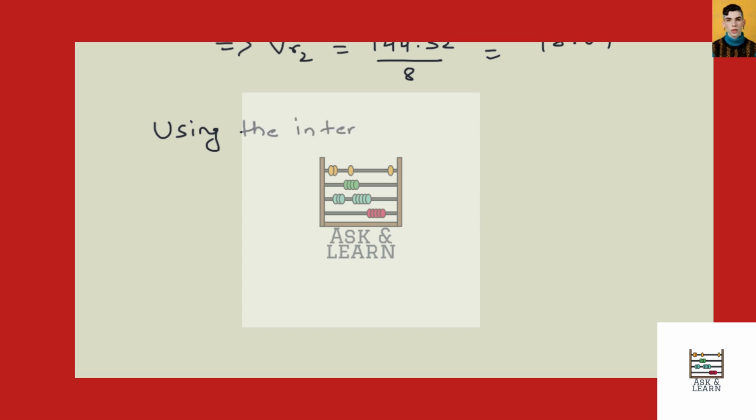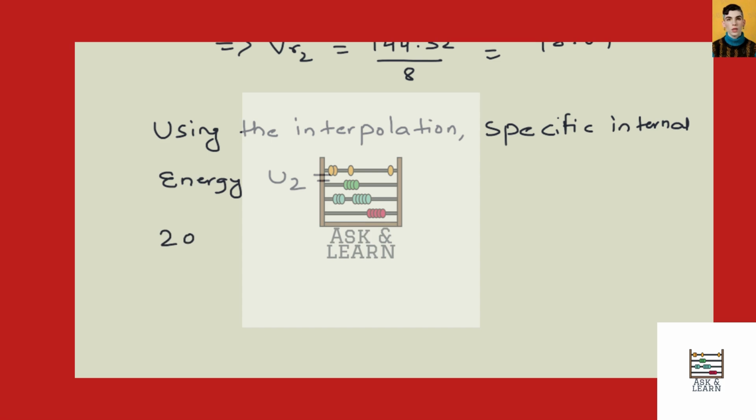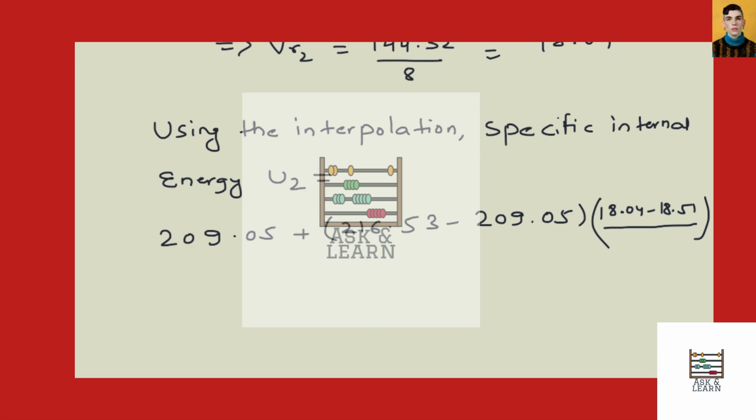Using interpolation, the specific internal energy U2 can be calculated as 209.05 plus (216.53 minus 209.05) into bracket (18.04 minus 18.51) by (16.93 minus 18.51).